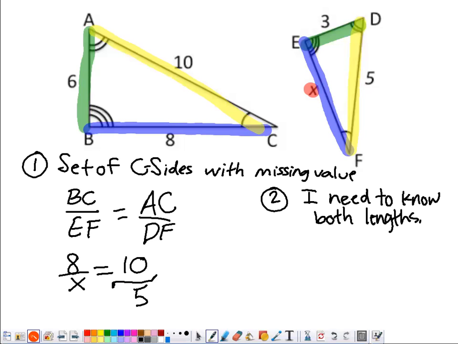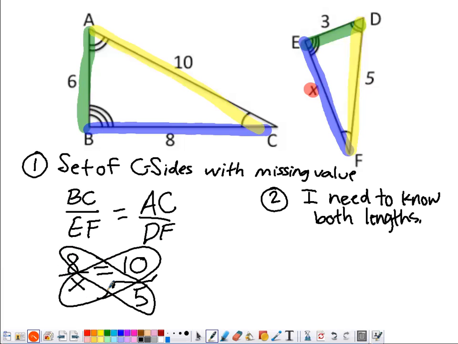How many of y'all remember something called the butterfly method? It's called cross multiplying sometimes. You go like that and you go like that. Amber, how would I do that one here? Do you remember? On both sides, and I multiply, right?